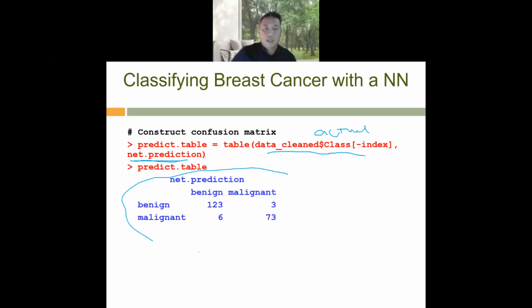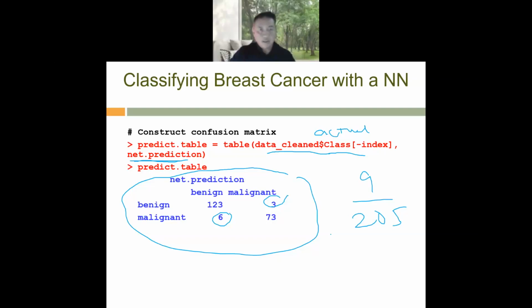So the table will look like this, and this is the error that we have. So we have 9 over the total of this. The total of this will be how many? 76, 52, 205. This is your error.